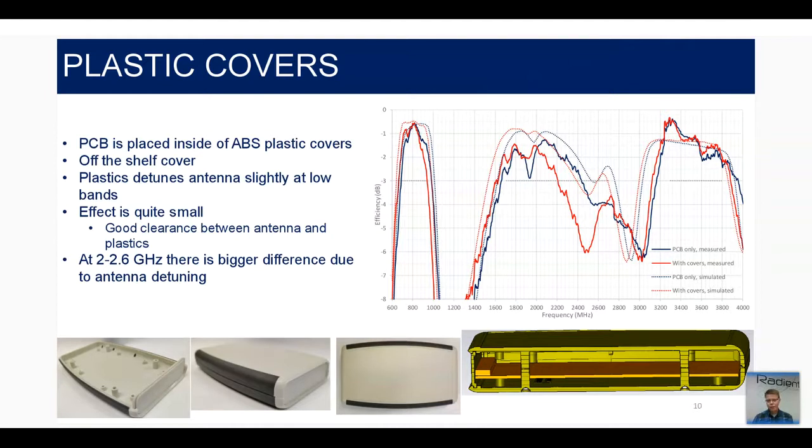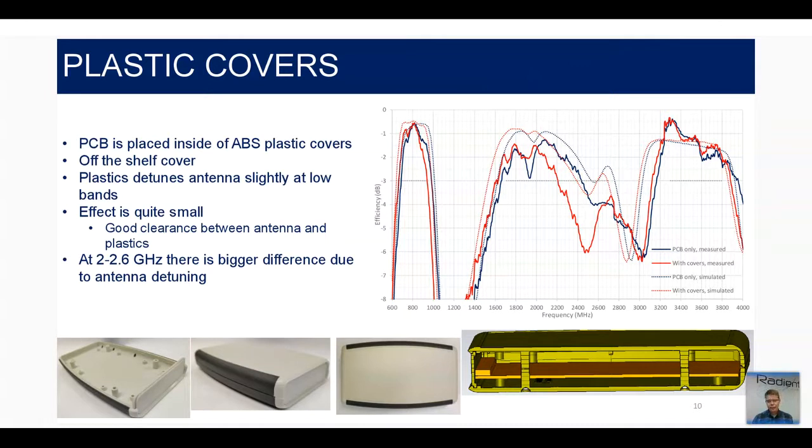And from the results, we can see that on the low band, again, there is a bit of detuning of the antenna, so the frequencies will shift more to the lower frequencies. The only different effect here is maybe the highest frequency of the low band. There you can actually see that the efficiency drops about 1.5 dB due to the mismatch or detuning.